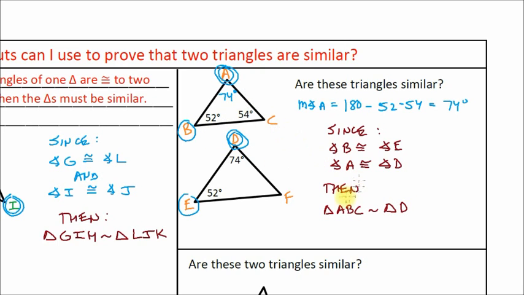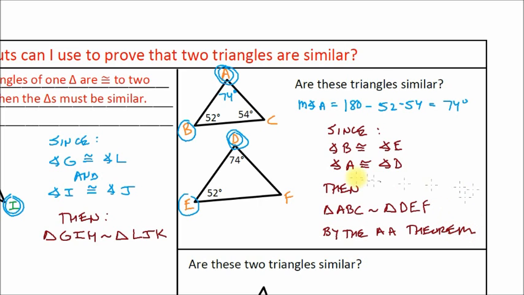And then our next letter is B. B is a single mark. That goes to E. And then C, our third position, goes to the one that's not marked, which is F. So we know that these two triangles are similar. And you could write as your proof, you could say by the AA theorem.